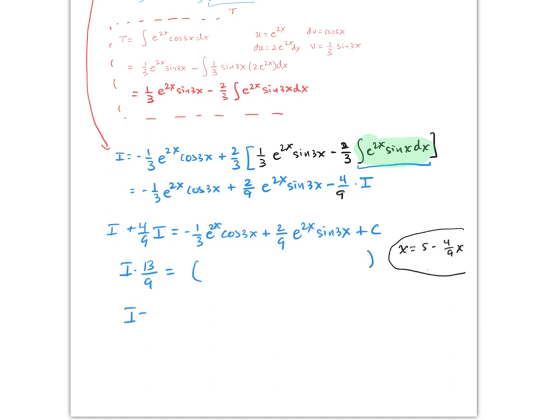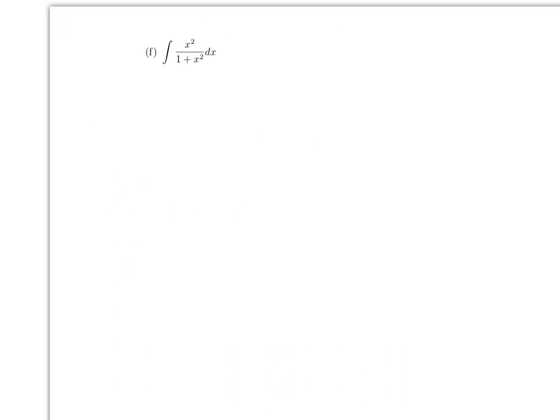So that means I will be 9/13 times all of this, which will be minus 1/3 e to the 2x cosine 3x plus 2/9 e to the 2x sine 3x plus c, whole thing. And then you can reduce this more, like here the 9 cancels, but this is good enough. All right, so 2 more to go.